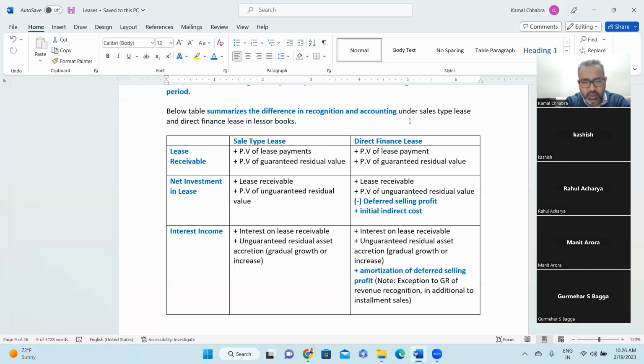Generally it is legal cost, like lawyer fees or stamp duties, or any such licensing expenses or brokerage fees you have paid, right? We'll be discussing that also in detail. But initial direct cost is that cost which is directly and specifically related to that particular asset finance lease, right? So far so good.